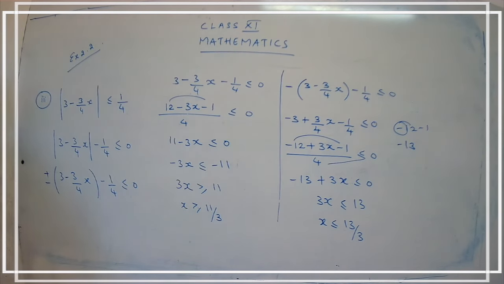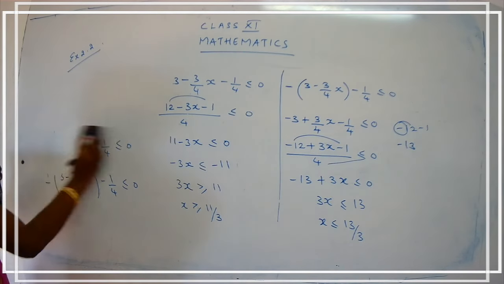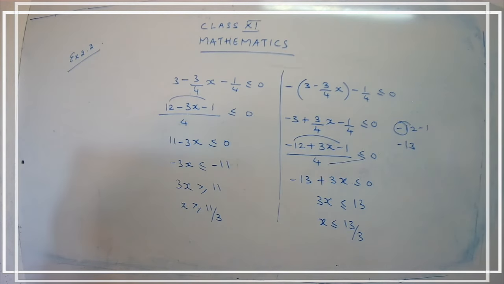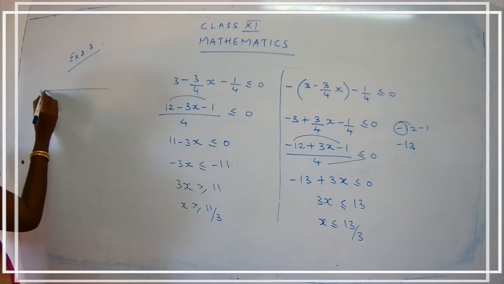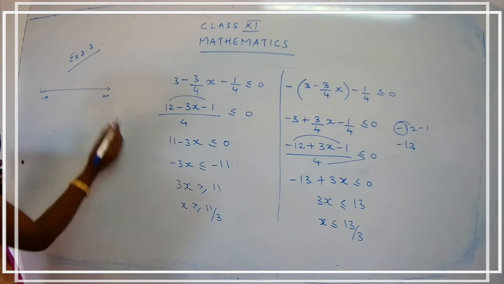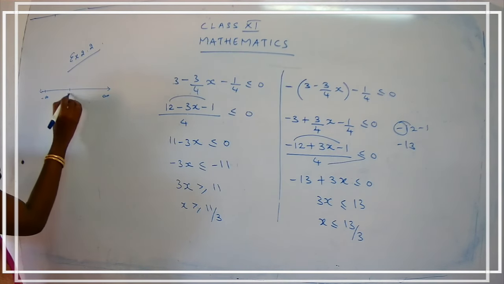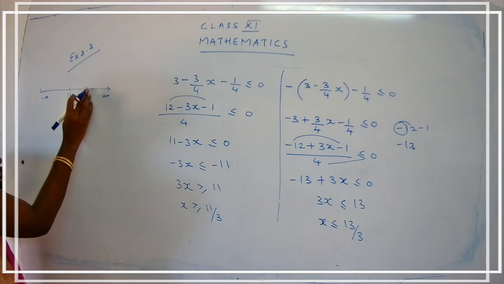Okay, so let's write the value for x, children. Let's just draw a number line. Here we have minus infinity and plus infinity. 11 by 3 is here and 13 by 3 will come this side.